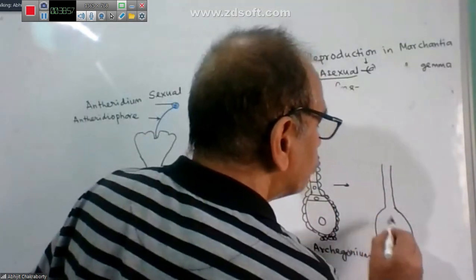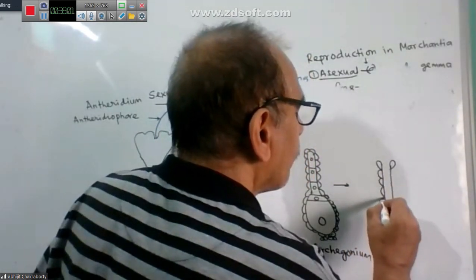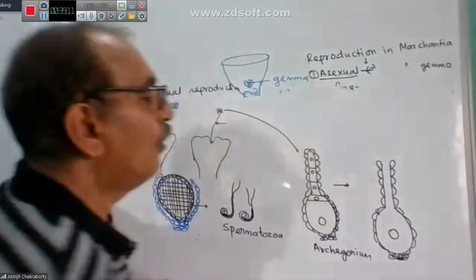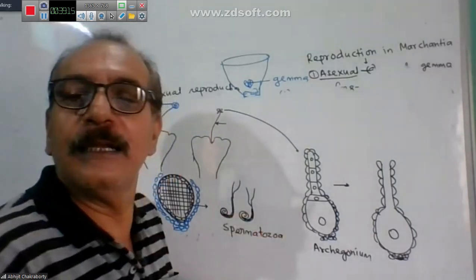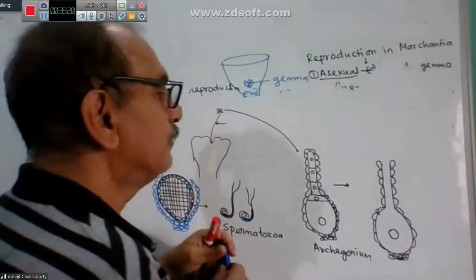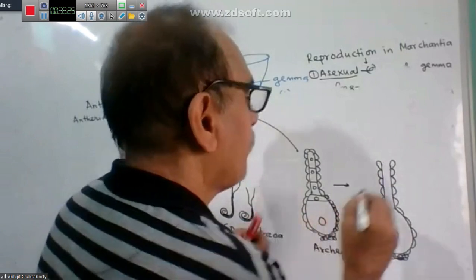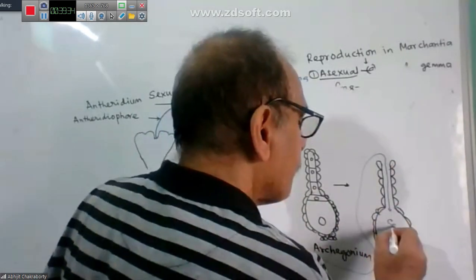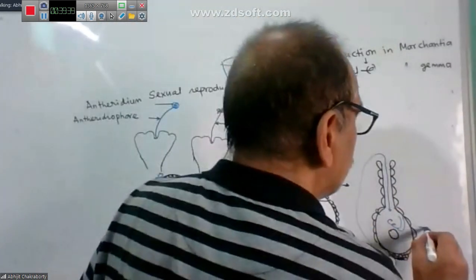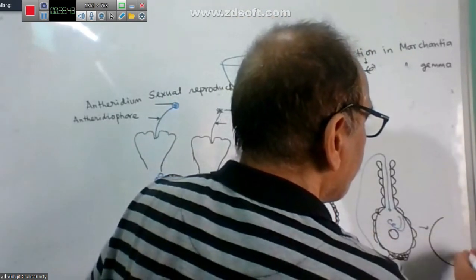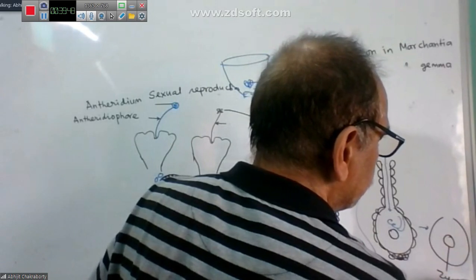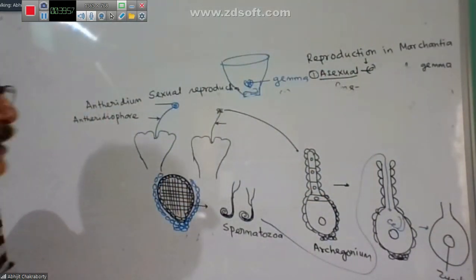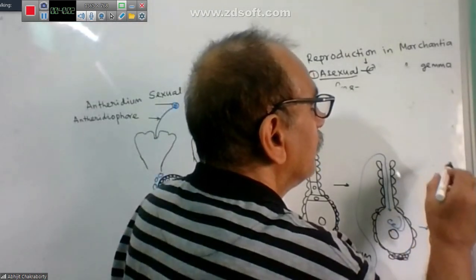When it matures, all neck canal cells and ventral canal cells degenerate, and the sperm reach here eventually to form the zygote. Gradually, eventually from the zygote an embryo is formed.